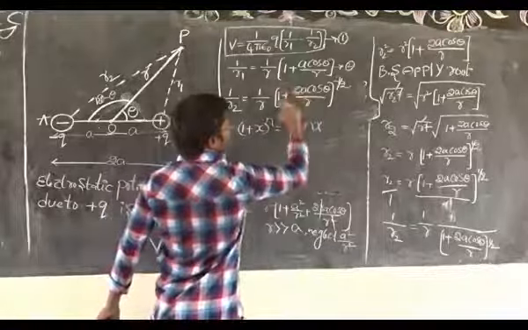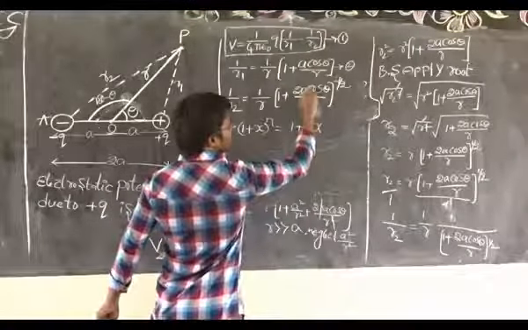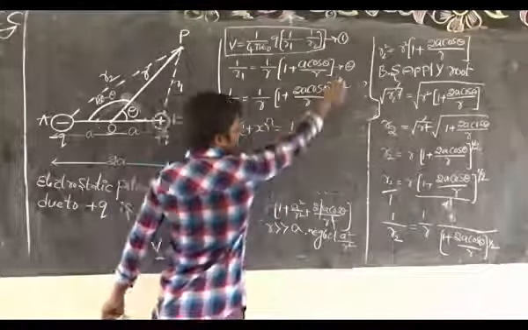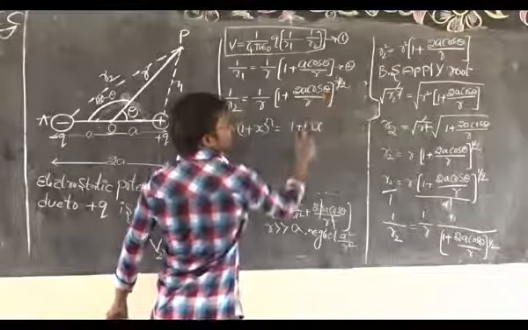Like that here also, in the place of x this total value is there. In the place of n, what is there? Minus 1 by 2.